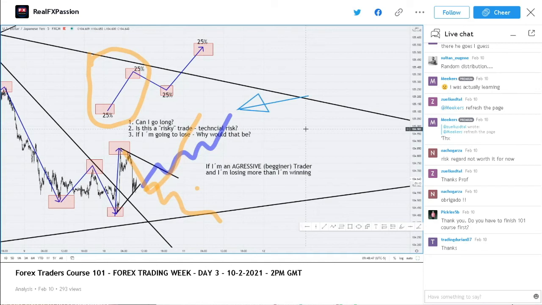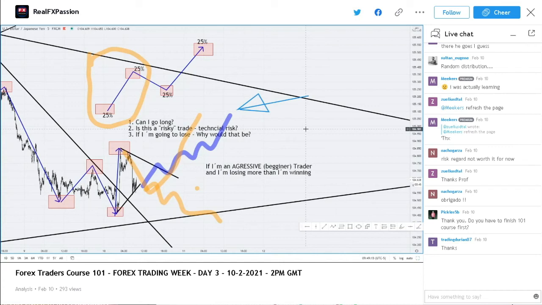Yes, everybody, there is random distribution in the market. Durian says, where is support? We are going to learn about support, Durian. We are in lesson 15 of the course. Random distribution, yes, sir.